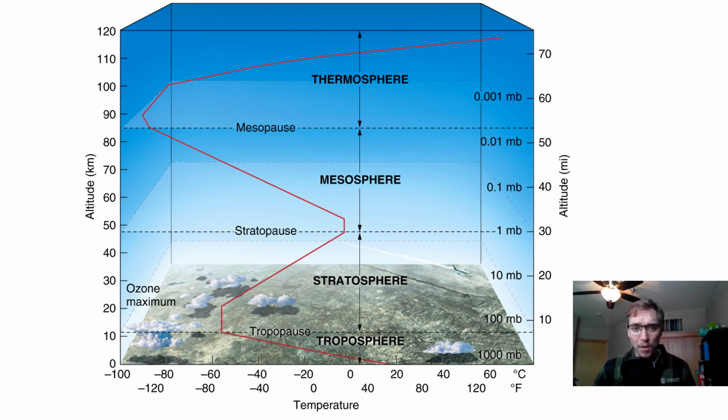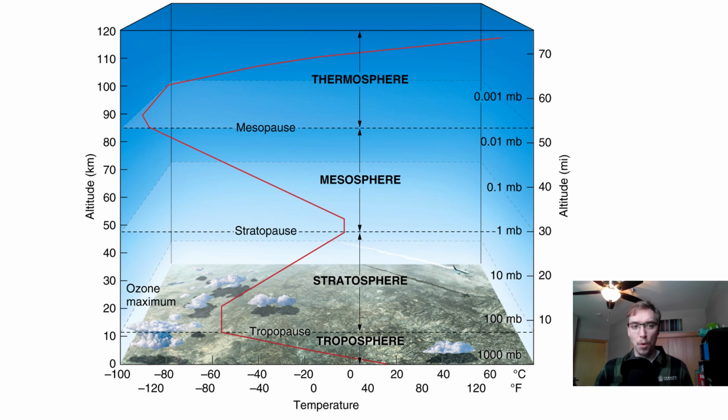If we look here, we've seen graphs like this before when we were looking at our atmospheric structure. In the troposphere, as you rise away from the surface of the Earth, you drop pretty rapidly in temperature. So we go from, we'll say on average, 18 or so degrees Celsius, all the way down to about negative 58 degrees Celsius.